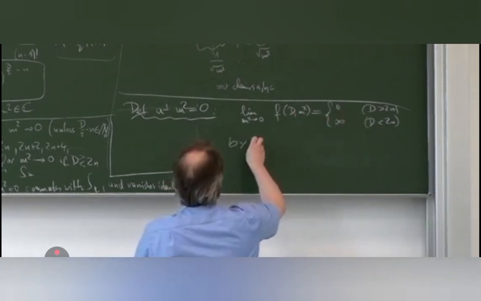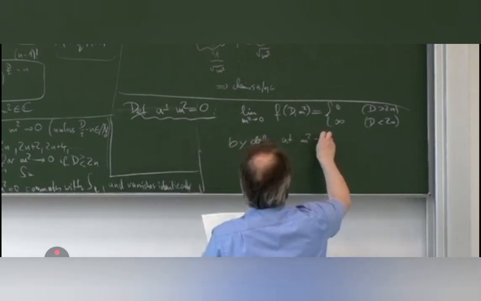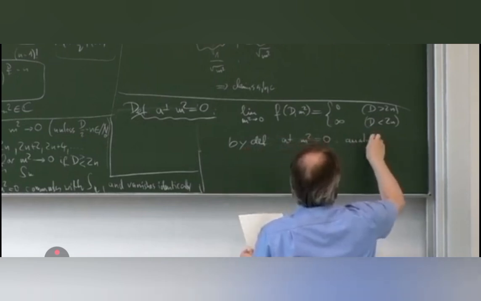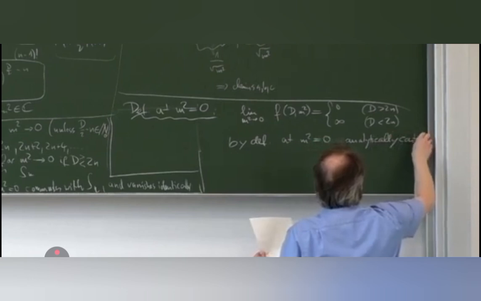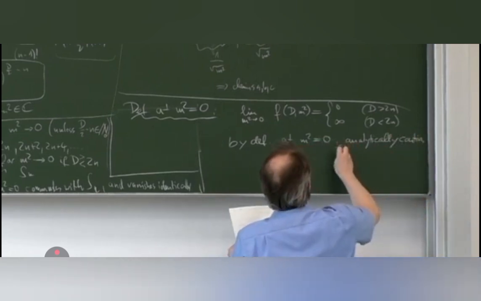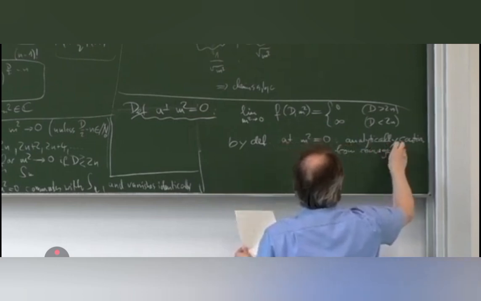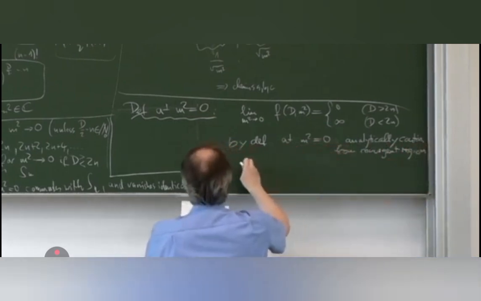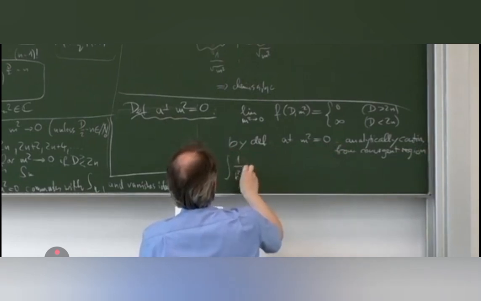So by definition, at m square equals 0, we analytically continue from the convergent region, and that means that we define the integral over 1 over k square to the power n.